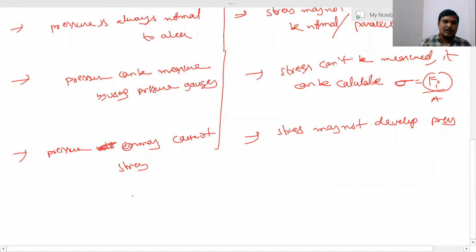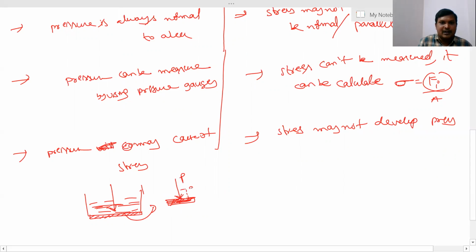For example, I'm taking a tank, a container, which has some fluid. Definitely this fluid acts in the downward direction, on the lower part of this container. This liquid weight always acts towards the base of the glass, with force P. So P is perpendicular, at 90 degrees. So there is a pressure.